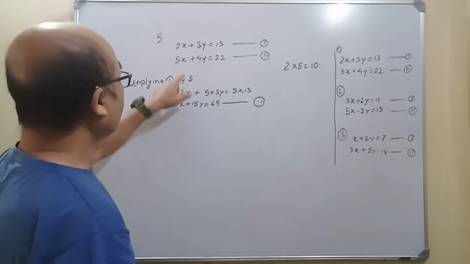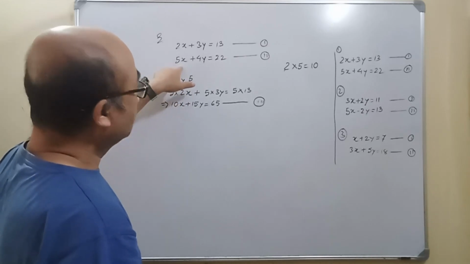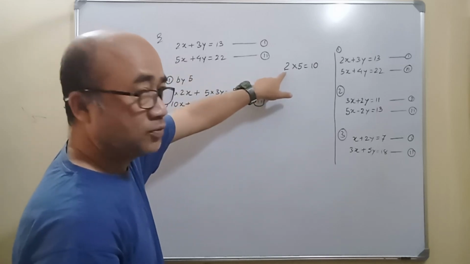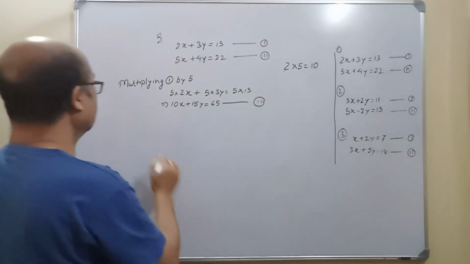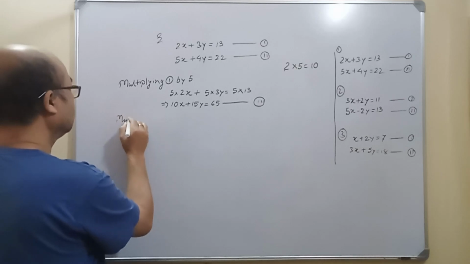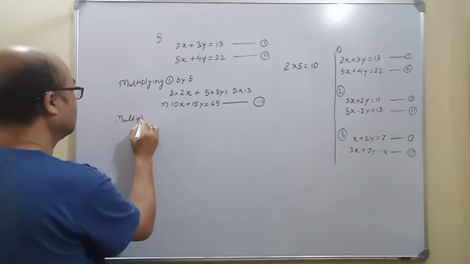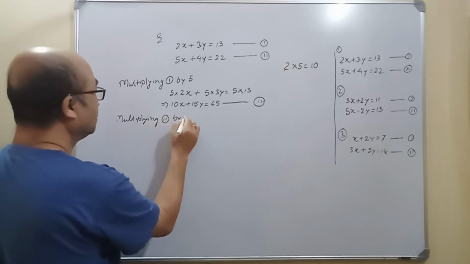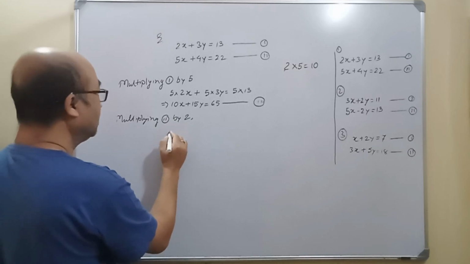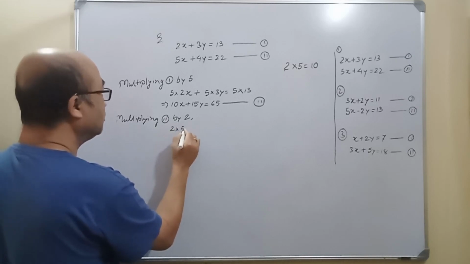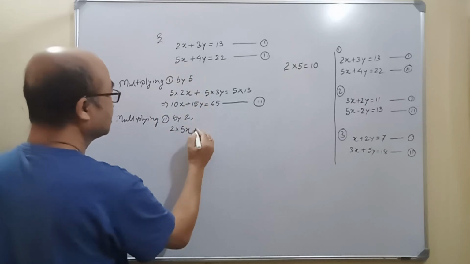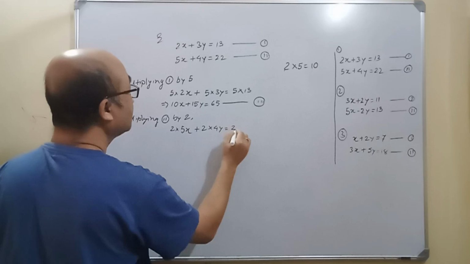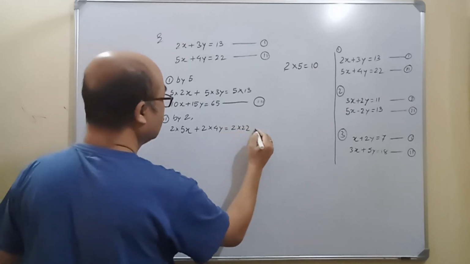Then again, for equation number 2, we will multiply this equation by 2. So multiplying by 2, we get 2 into 5x, 2 into 4y, 2 into 22.